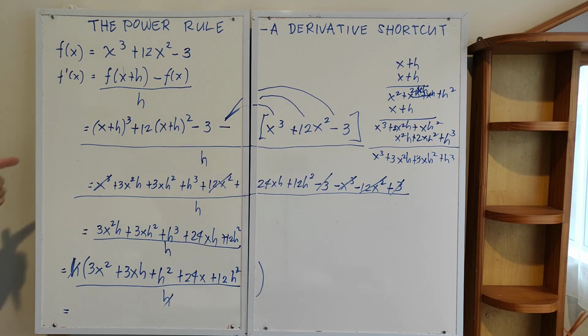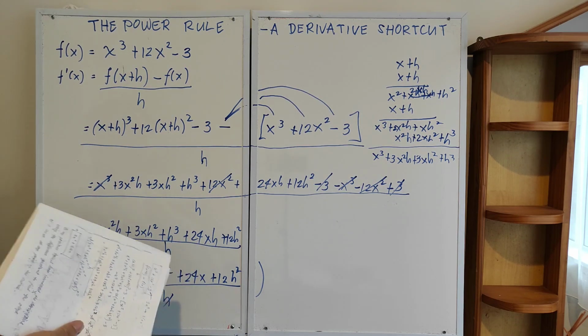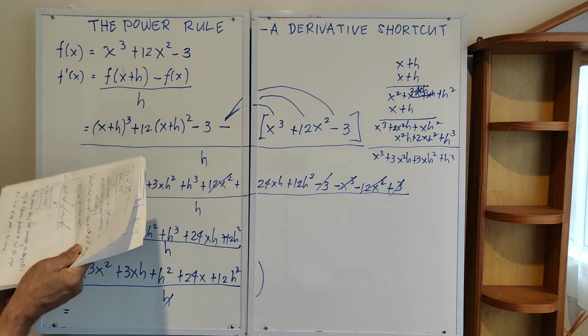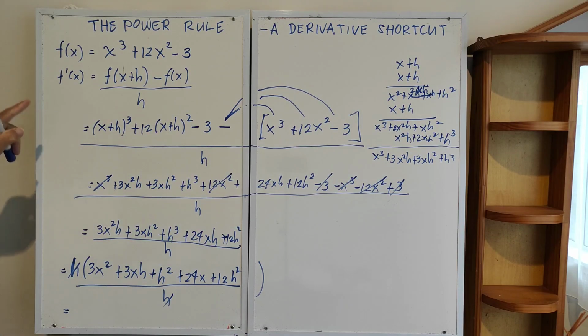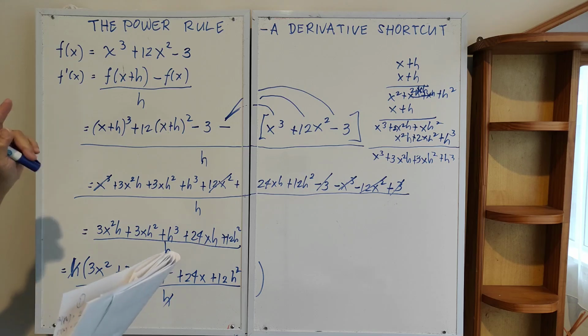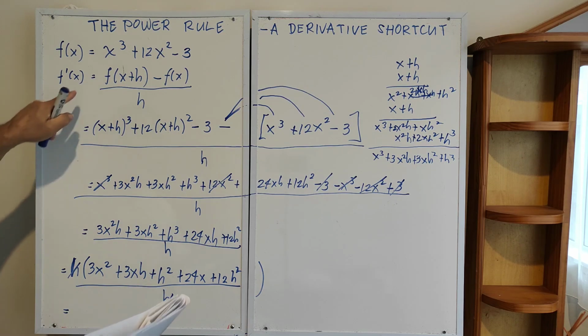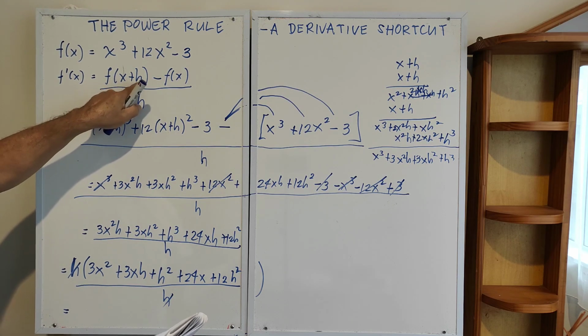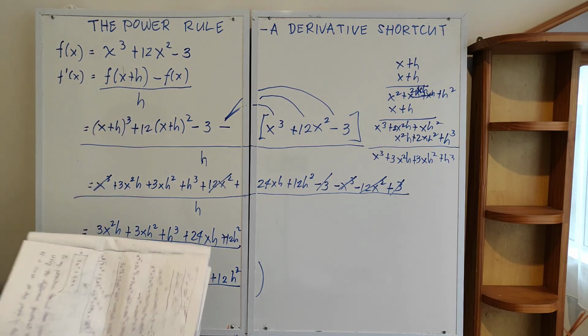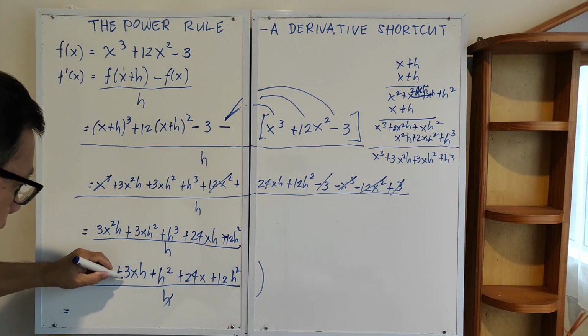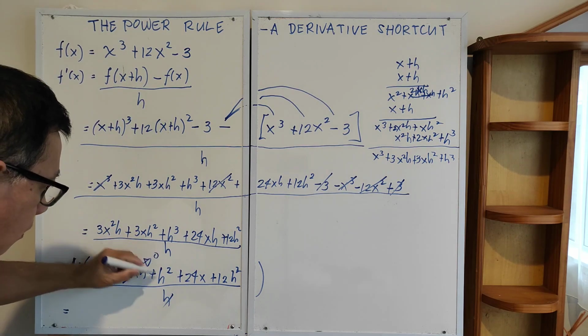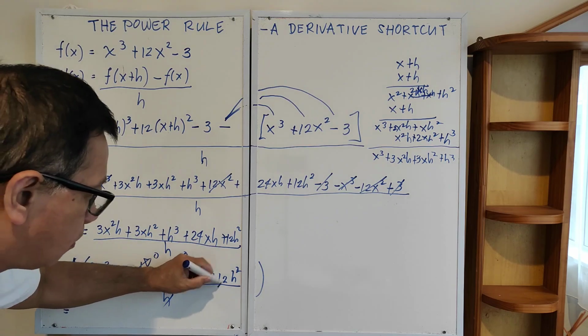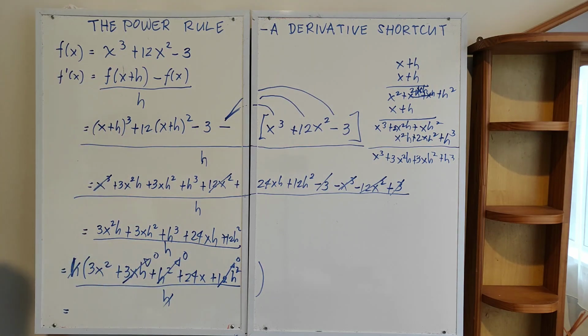But if you remember, when we do the difference quotient, because we are looking for the slope, h approaches 0. So everything with h becomes 0.